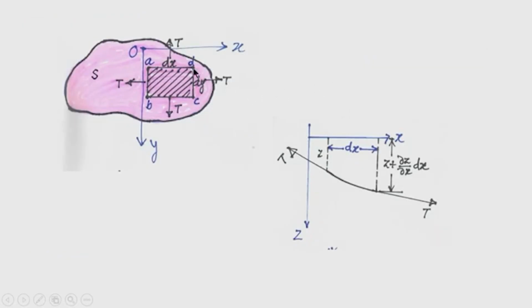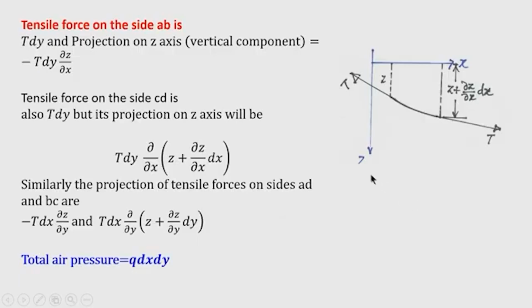the side is CD, and there also the tension is uniform, but you are seeing here that the direction of the tension is reversed. Now, if I again project the tensile force T into dy on the vertical axis z, then this angle is your slope.